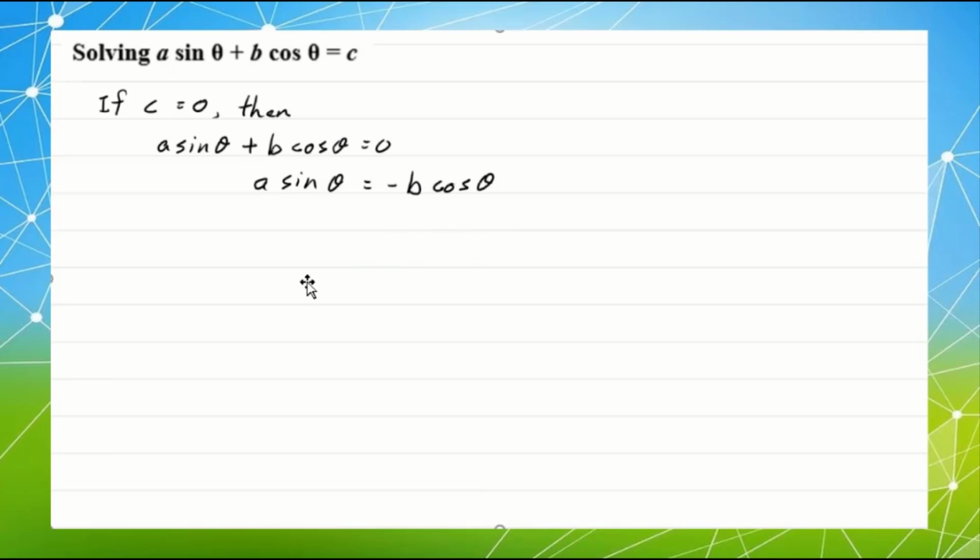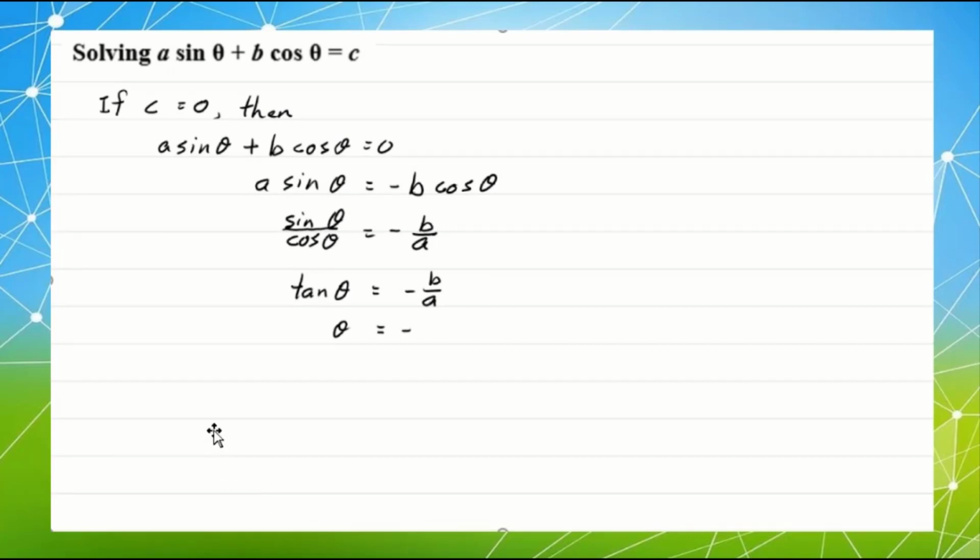Now we can cross multiply, and it becomes sine theta over cos theta equals negative b over a. Then we know that sine over cos is equal to tangent. So tangent theta is equal to negative b over a.